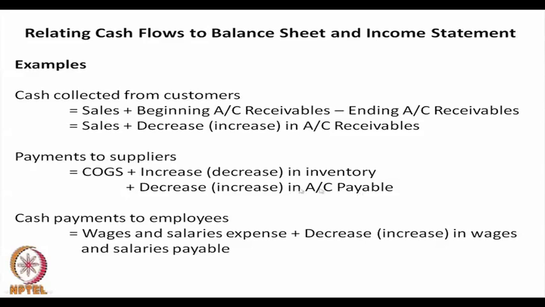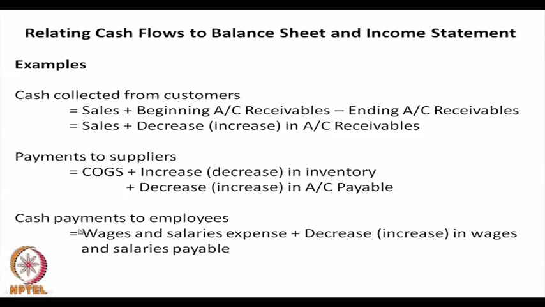Inventory is on the asset side of the balance sheet, accounts payable is on the liability side, and increase or decrease means that we have to consult last year's balance sheet and this year's balance sheet, and add to it the COGS which is available in this year's income statement, to find out the payment that has been made to the suppliers in this year.